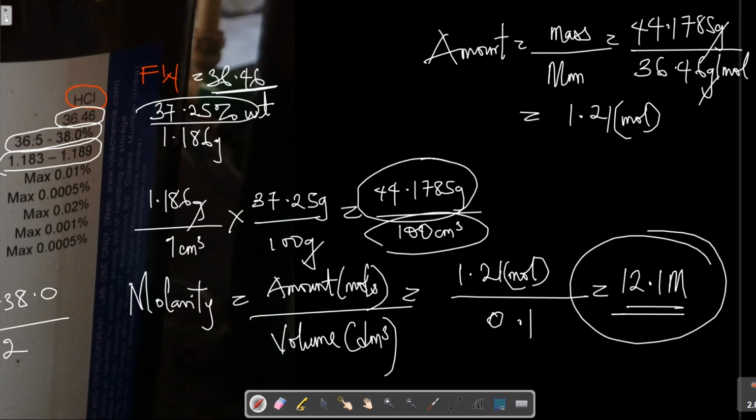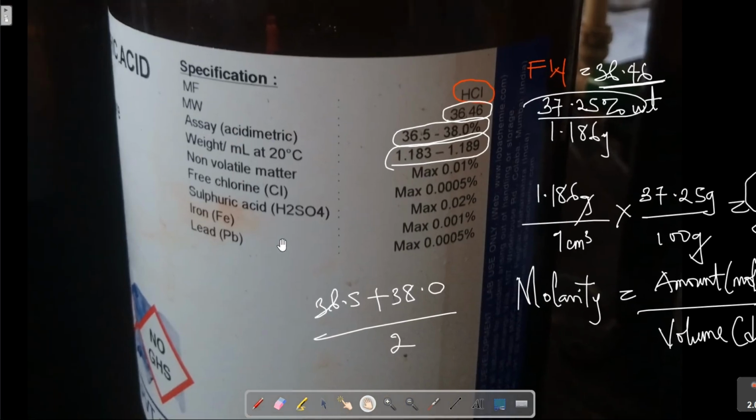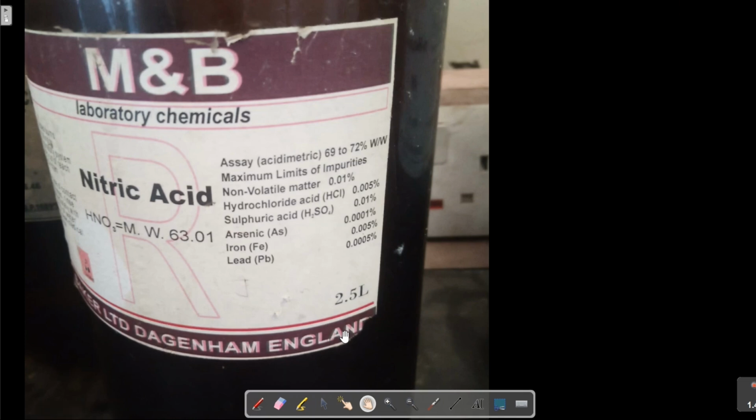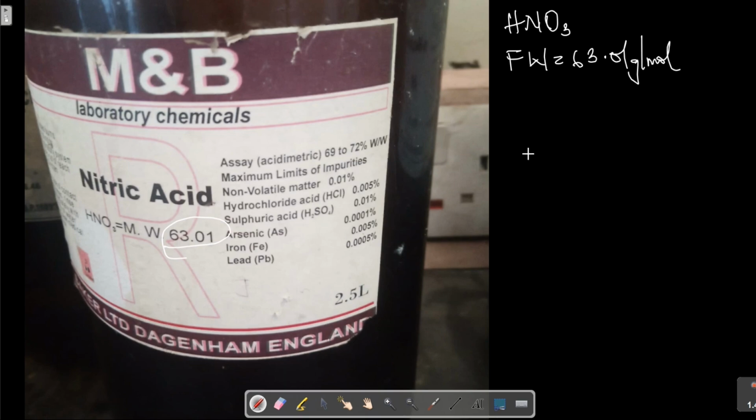So this is the initial concentration or the original concentration of this stock acid solution in the Winchester bottle. So let's take another example. This nitric acid. Nitric acid is HNO3. First, we start by getting the formula weight of the nitric acid, which is 63.01 grams per mole.